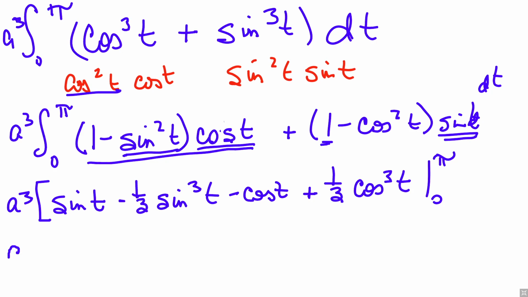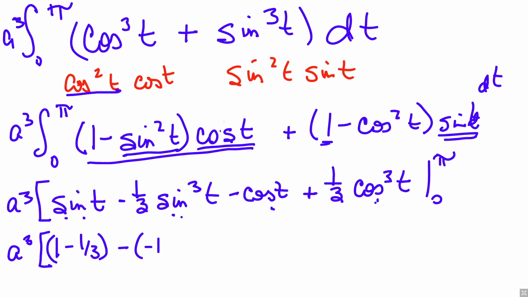So when we evaluate at pi, this is going to be 0, this is 0, this is going to give us 1, and this is going to give us negative 1/3. So we're going to have 1 minus 1/3, minus, then when we plug in 0, 0, 0, negative 1, 1/3.